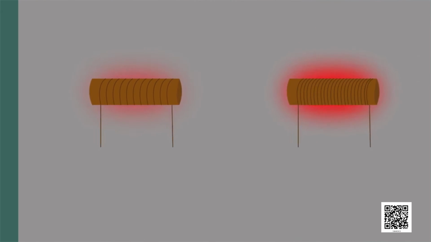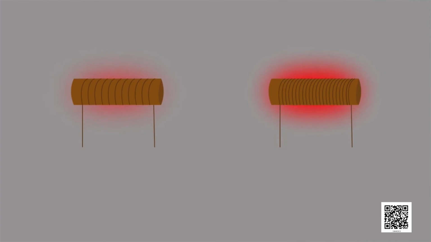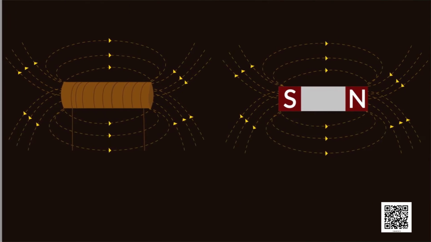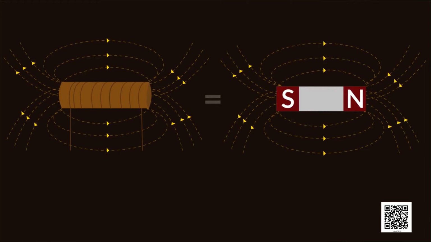So, from the above discussion, we can conclude that if the number of turns in a coil is increased, it will also increase the magnitude of the magnetic field produced by it, and also that the magnetic field produced across a solenoid is similar to that produced across a bar magnet.